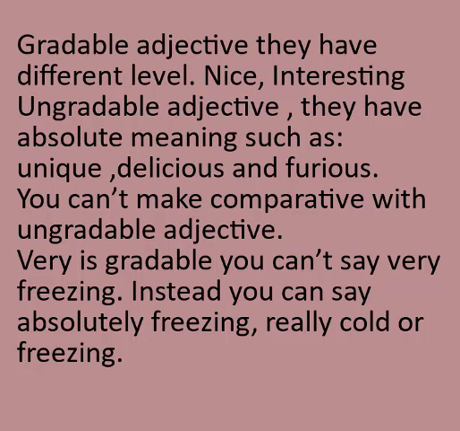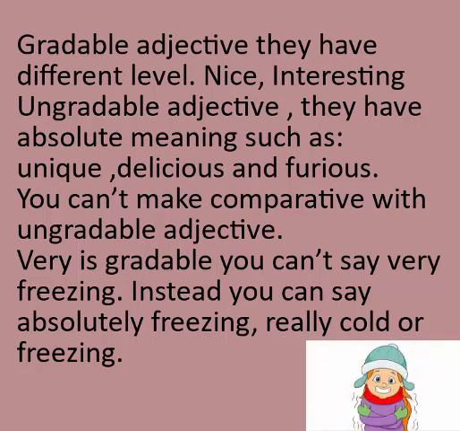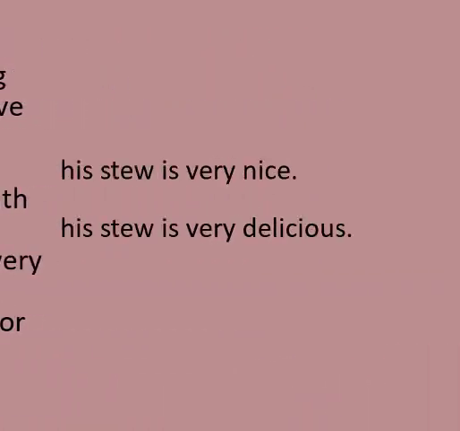Ungradable adjectives have absolute meaning, such as unique, delicious, and furious. You can't make a comparative with an ungradable adjective. Very is for gradable adjectives. You can't say very freezing. Instead, you can say absolutely freezing, really cold, or freezing.